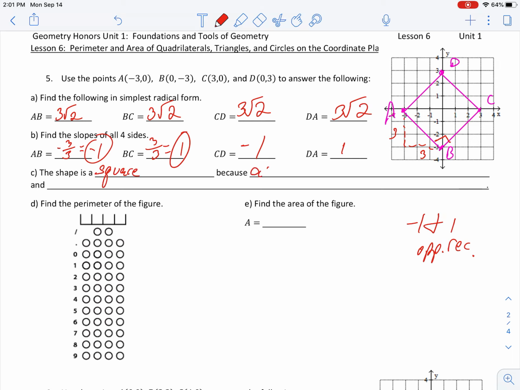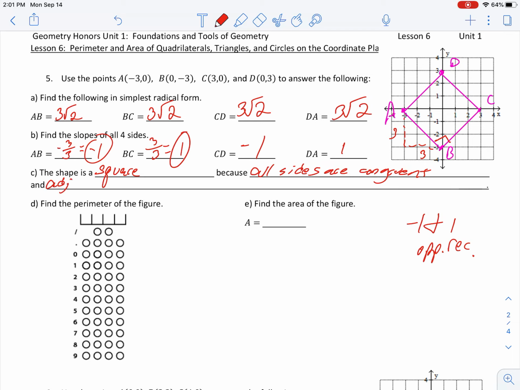because first off, all sides are congruent. And if you just told me that, I'm going to mark it half wrong. Because if you just tell me the shape is a square because all sides are congruent, and you didn't do the work for slopes, I'm going to mark it half wrong because I could say, oh, it could also be a rhombus. All sides are congruent for a rhombus.